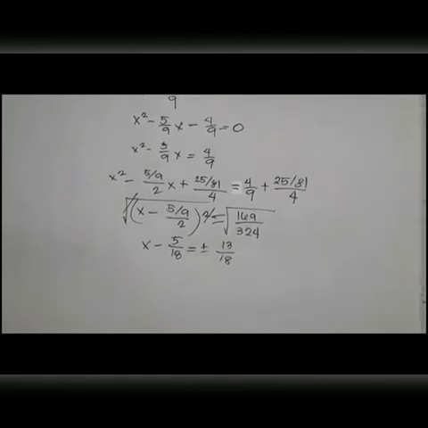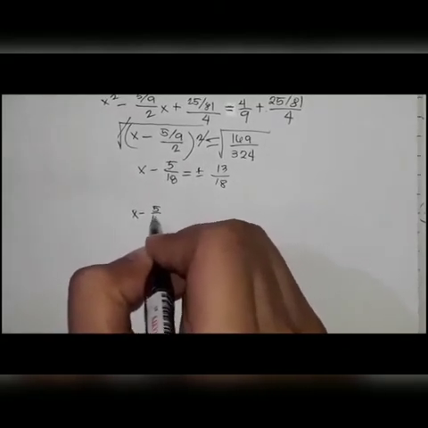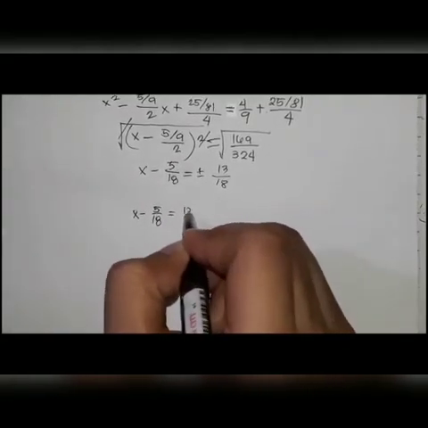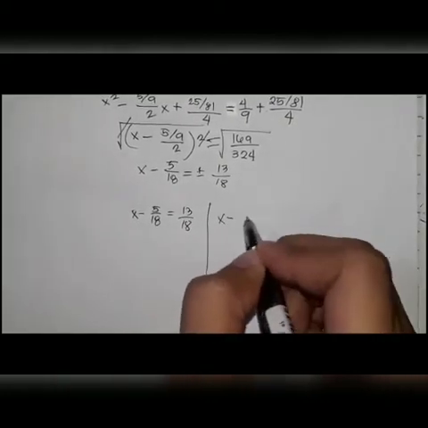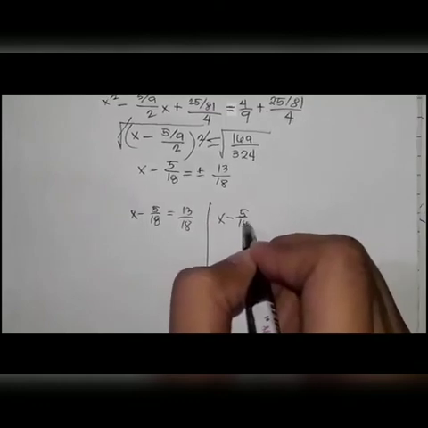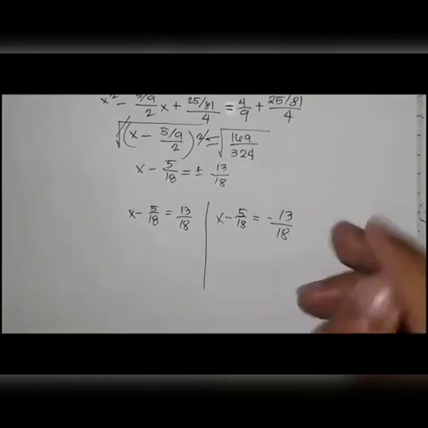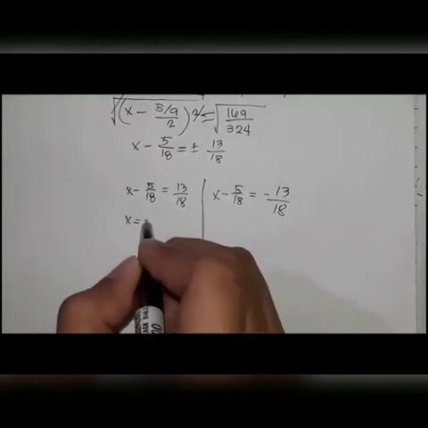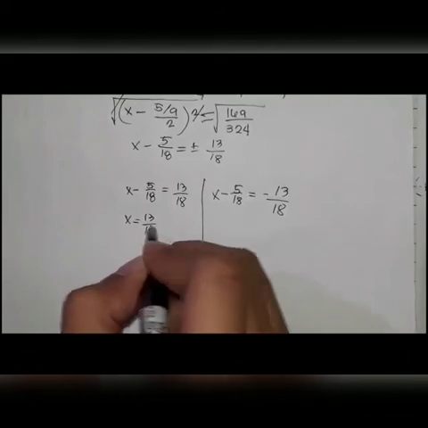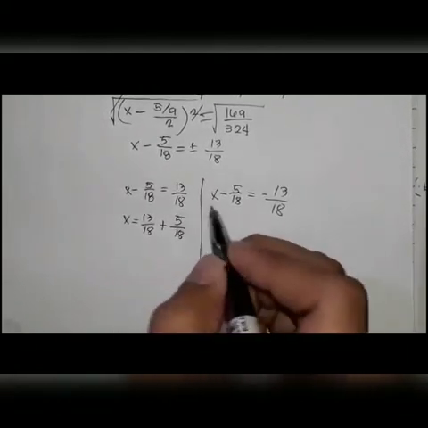Then moving on, break this up. x minus 5 over 18 is equal to a positive 13 over 18, and x minus 5 over 18 is equal to negative 13 over 18. So x is equal to 13 over 18 plus 5 over 18.